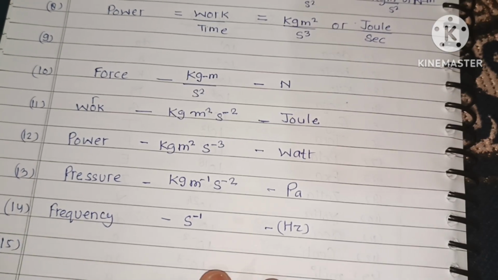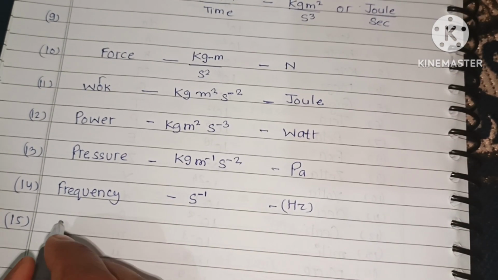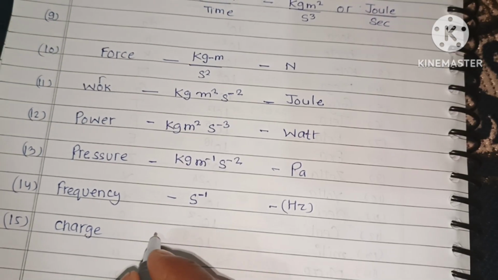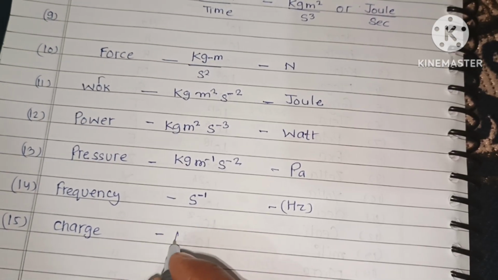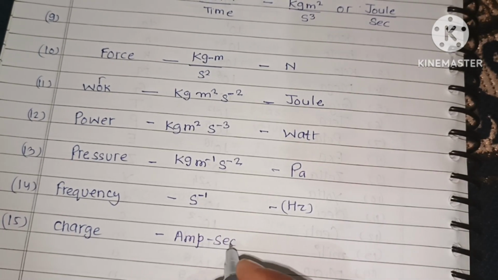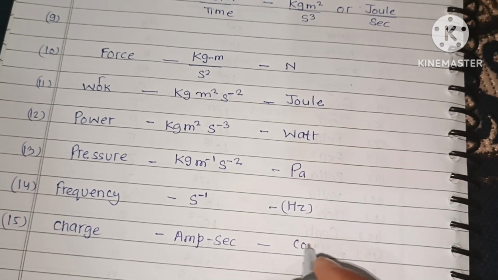15, चार्ज, यूनिट एम्पियर सेकेंड and other unit is coulomb.